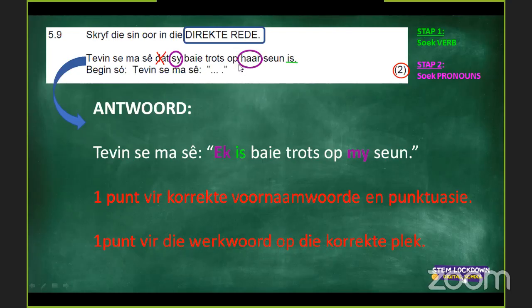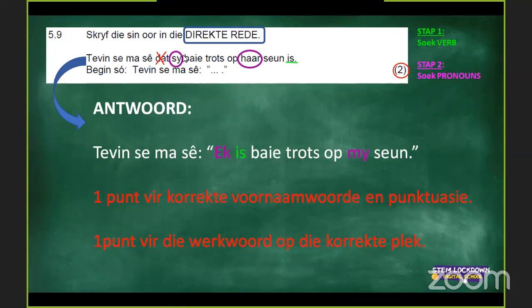Okay, now, when you've got a sentence like this, you've got the dat. That dat has to fall away, and you have to now remember to move your verb back after the subject, because you are now not working with the group 3 conjunction anymore. You are now putting the sentence back into direct speech.